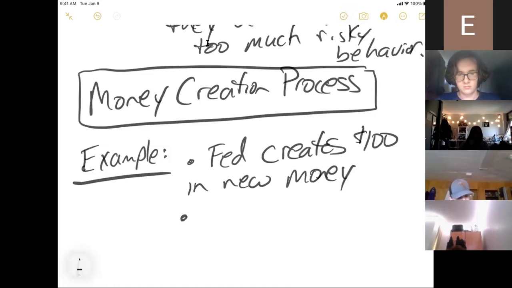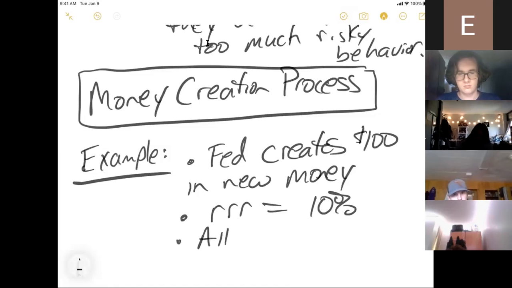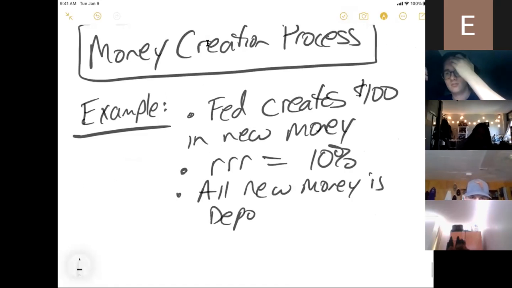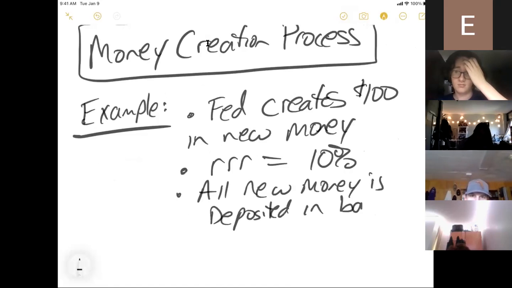Let's also assume in our example that the reserve requirement ratio is 10%. And that all of the new money is deposited in a bank.